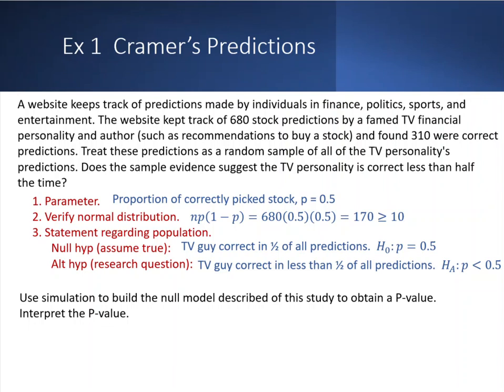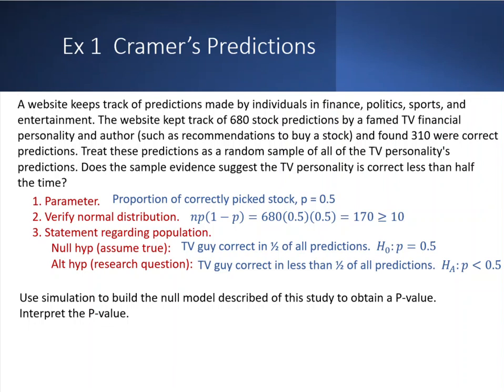So we want to now simulate sampling over many, many different trials. And we're going to use that simulation in order to build this null model and see if we can figure out what our p-value is.